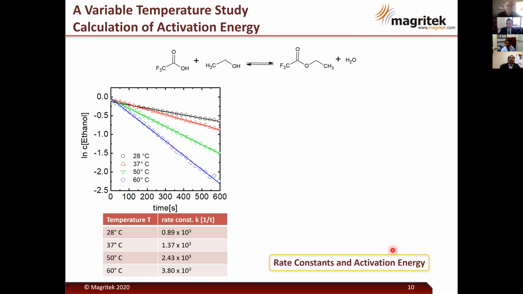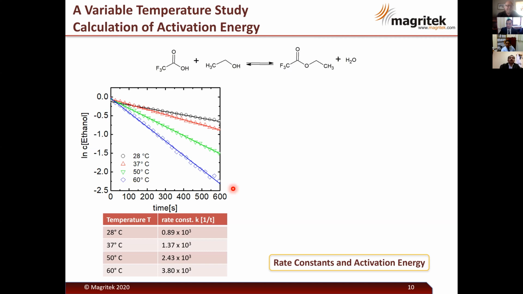So with the information obtained from monitoring the reaction with NMR, the rate constant of the reaction can be calculated for the different temperatures shown here. Since the trifluoroacetic acid was used in excess, the reaction follows pseudo first order kinetics, which is demonstrated by the linear correlation of the logarithm of the ethanol concentration over time.